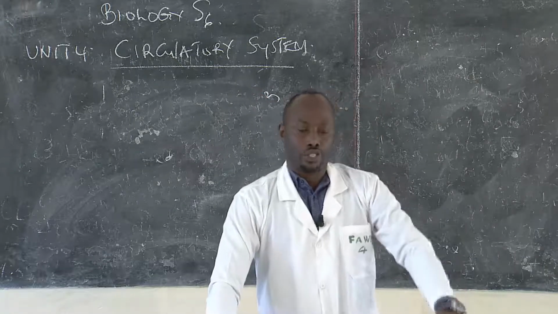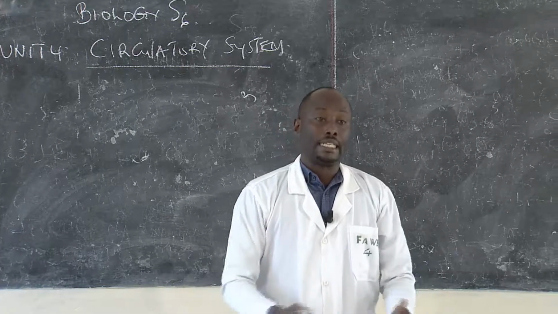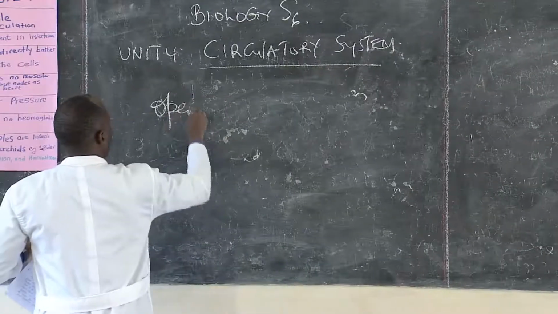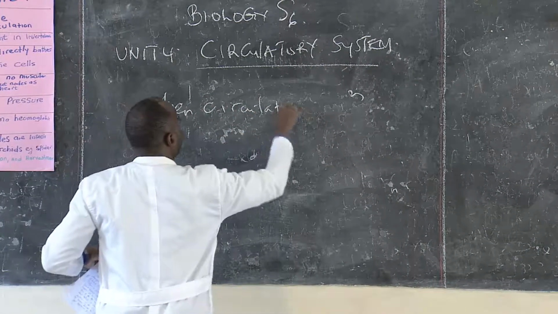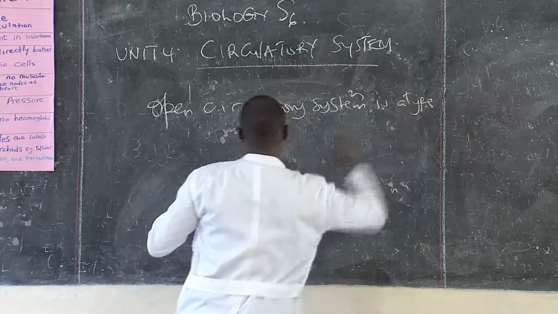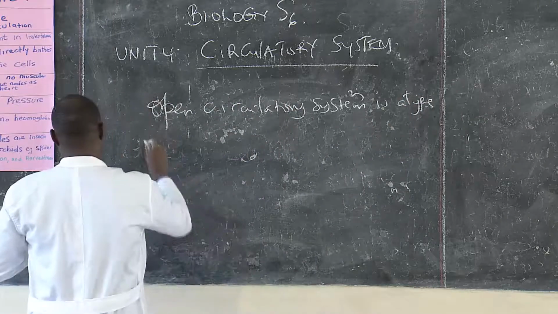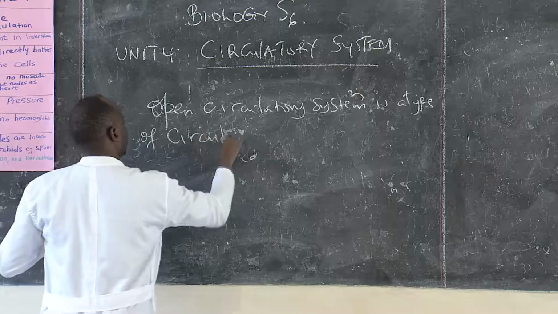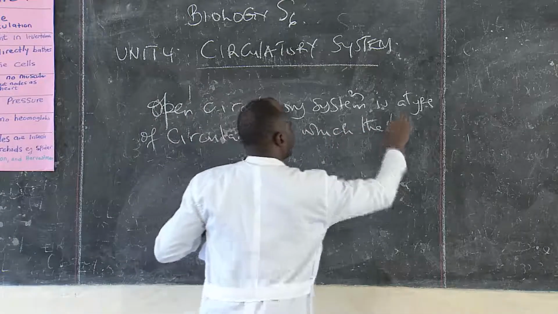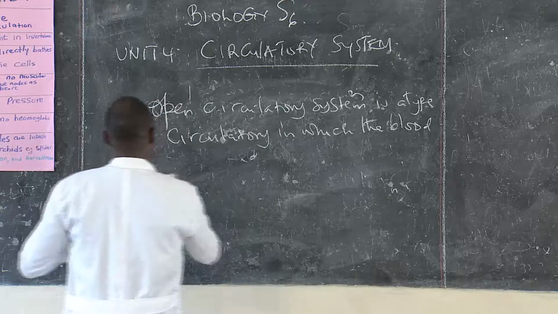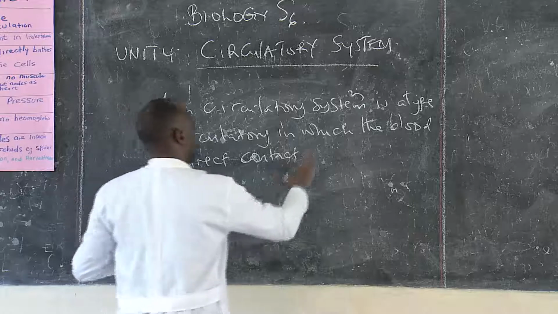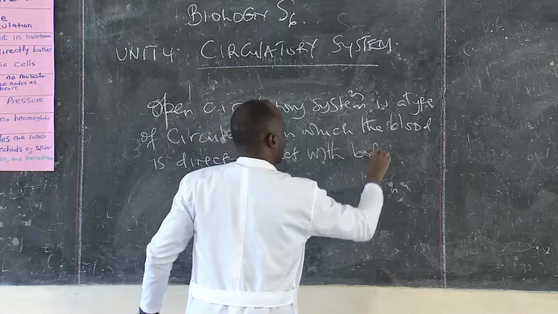All right? So, we can start by saying what is an open circulatory system. You can say an open circulatory system is a type of circulatory system in which the blood is in direct contact with the body cells.